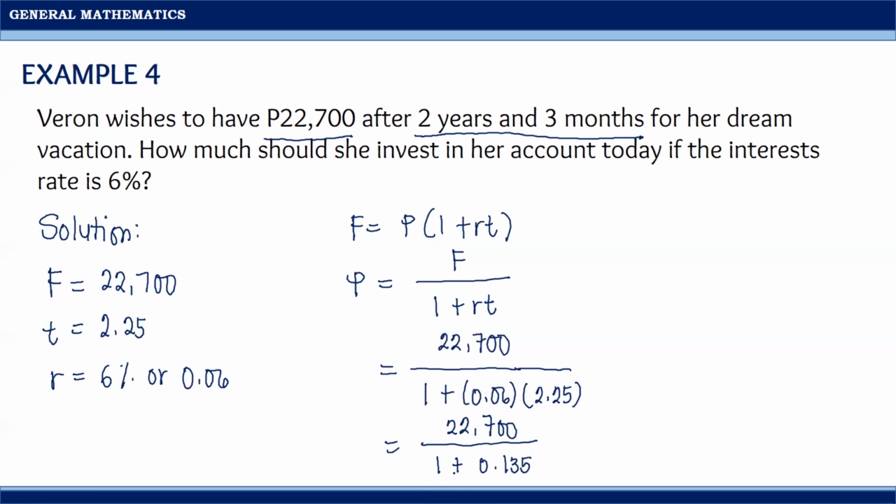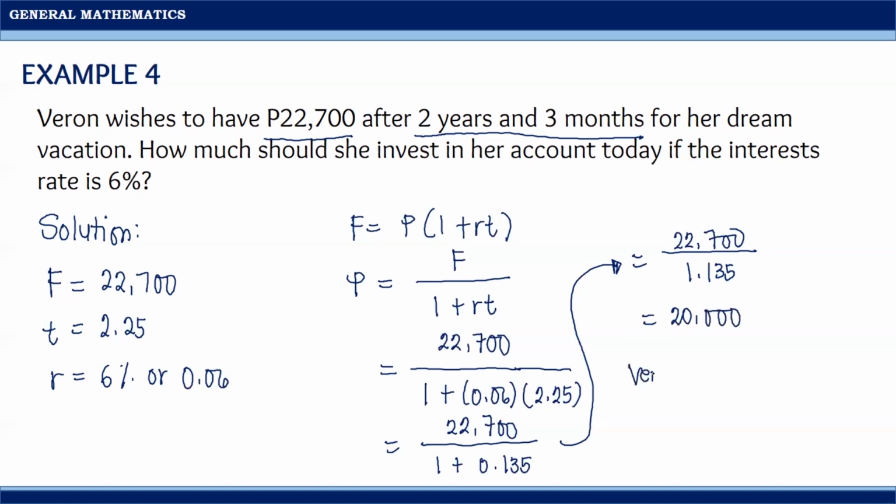Next, add these two numbers at the denominator. Then we will have 22,700 divided by 1.135. Finally, divide 22,700 by 1.135, then we will have 20,000.